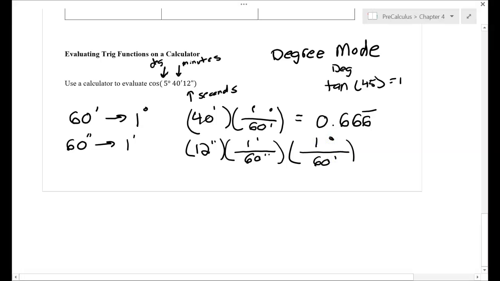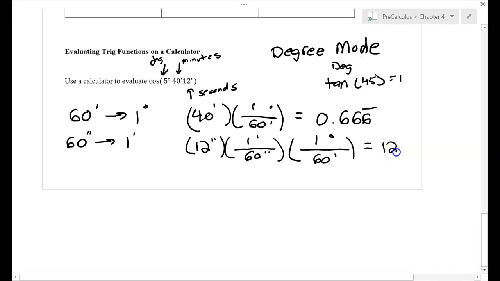So I'm just stringing these conversion factors together, which is going to give me basically a 12 divided by 3600. And I get 0.0033, and that repeats.